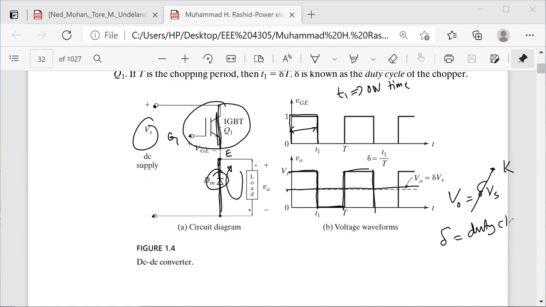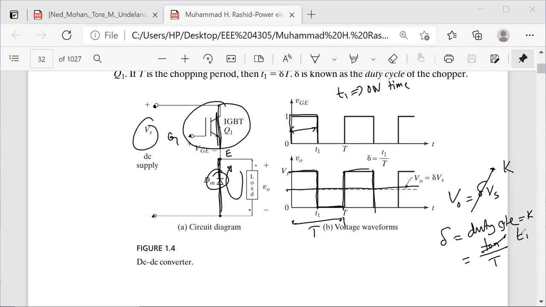Did he cover up to that? Yes, sir. Duty cycle K is T on by T, where T is the total time period. Here, T1.